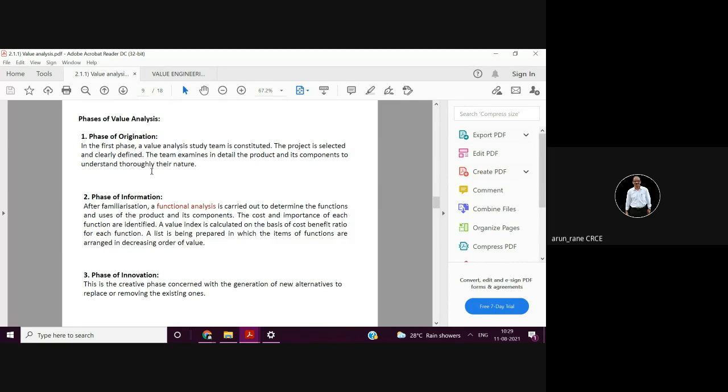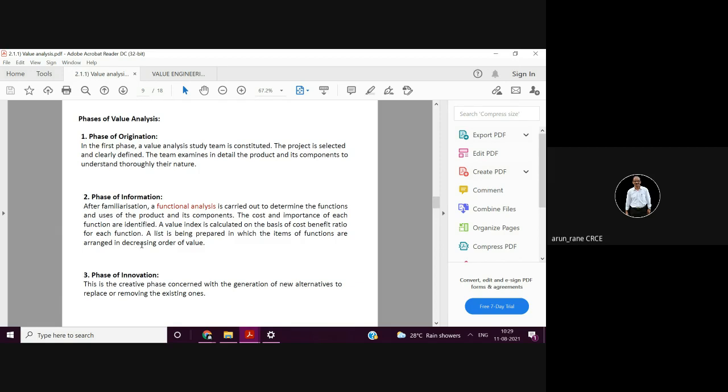Whatever techniques you want to employ, whether you want to employ QFD, or whether it's quality function deployment, PyS, Kaizen, SMED, Ishikawa diagram, you have to have a team. The team may consist of 3-4 people depending upon the complexity of the project or complexity of the task which you have undertaken.